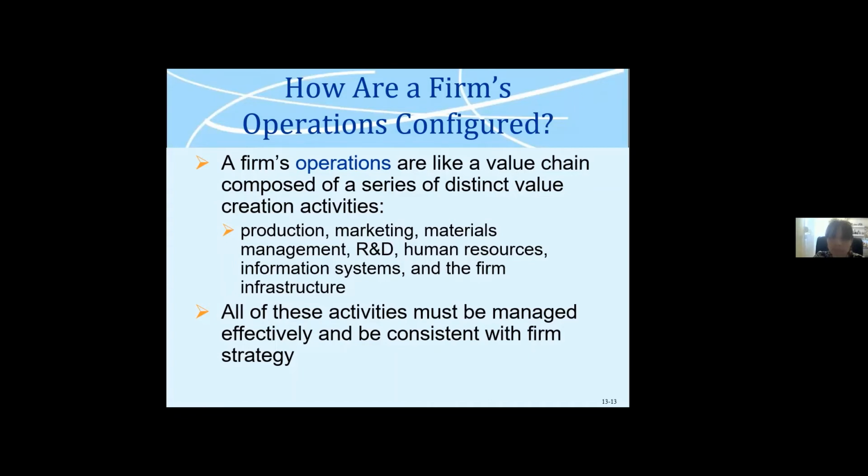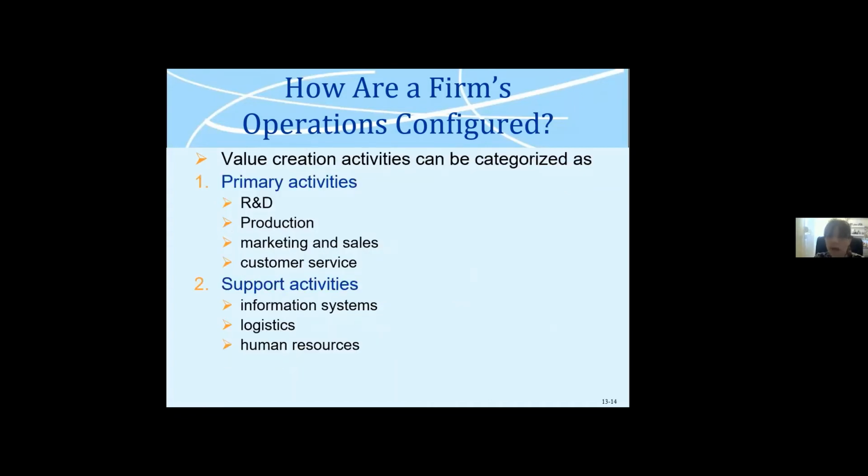Usually, the operations of specific firms are categorized in order to the creation of value. They mostly are categorized into groups. Let's say primary activities on one side and support activities on the other side.